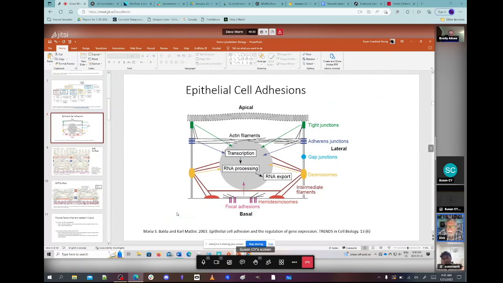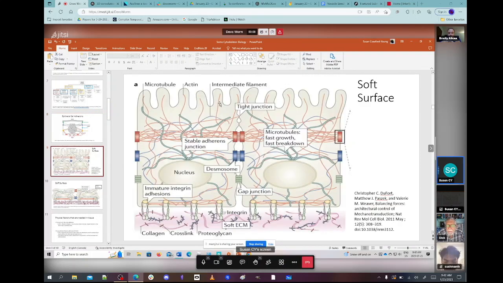But I still think this is maybe missing something. I'm interested in this because this is a soft surface. A tight junction and stable adherence junctions along the apical surface. It looks like intestinal villi.